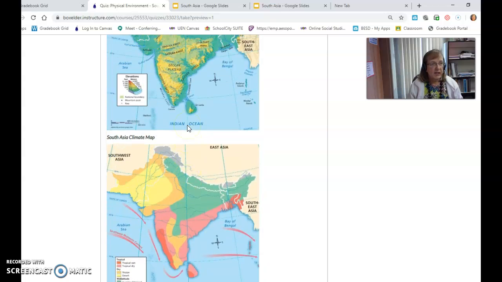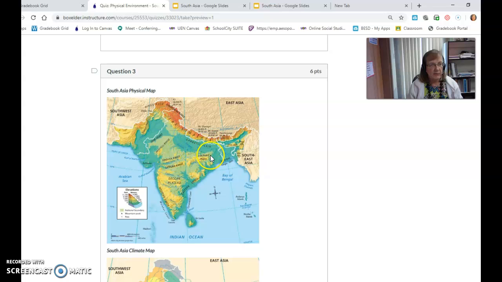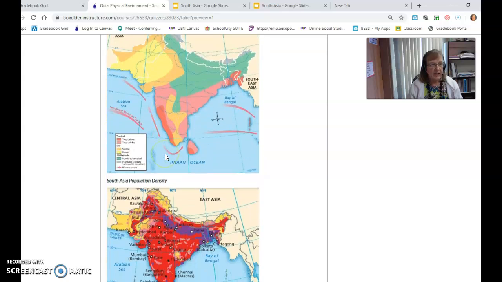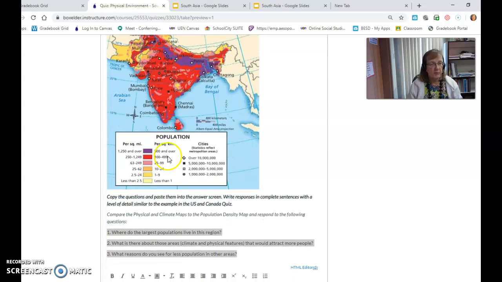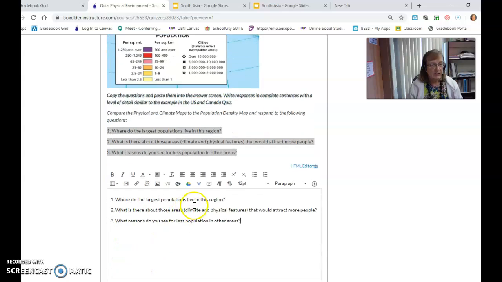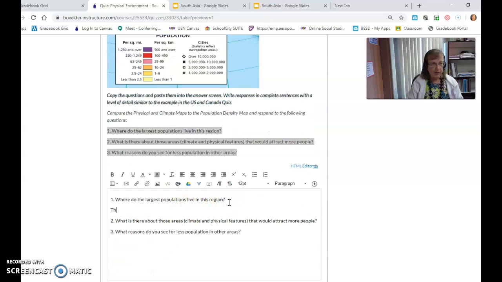So because we had already looked and found out that that was the Gangetic Plain, we could use that information. I love you using terms from the map. So I would say something like the entire area, the entire region. In fact, not quite, because there are some less populated.